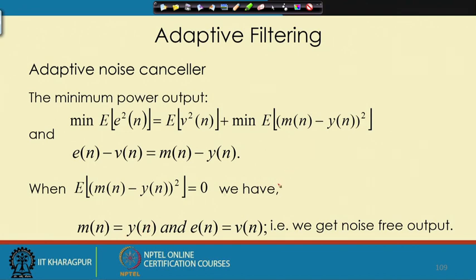As a result, because there is no error in the estimation of that noise, the output we are getting from the adaptive filter, En, becomes Vn, the signal of interest. In other words, in this scenario we are able to get the noise free signal. So, that is the goal of our adaptive filter.